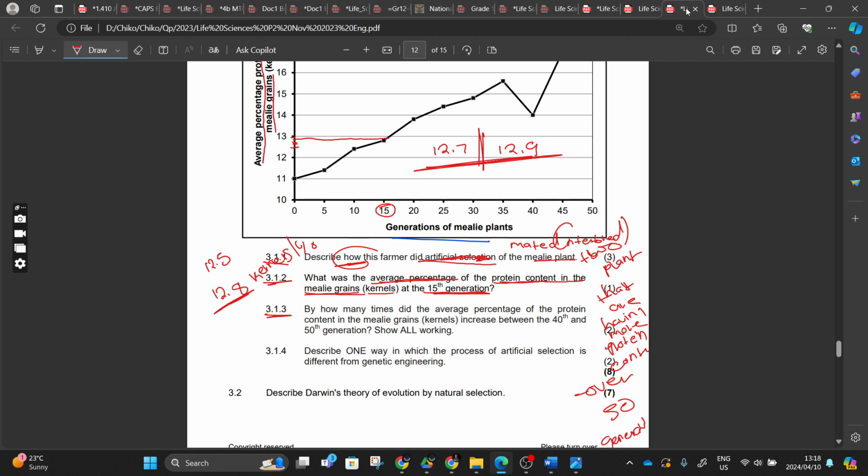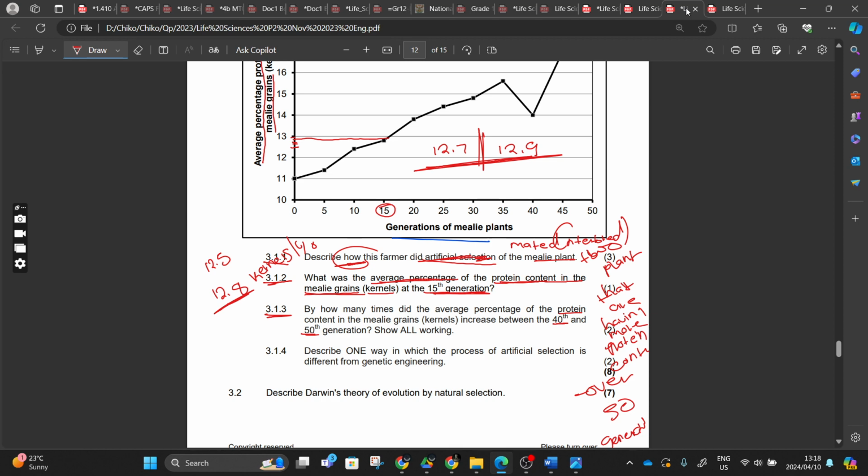Then 3.1.3: by how many times did the average percentage of the protein content in the mealy grains kernels increase between the 40th and the 50th generation? Show all calculations.